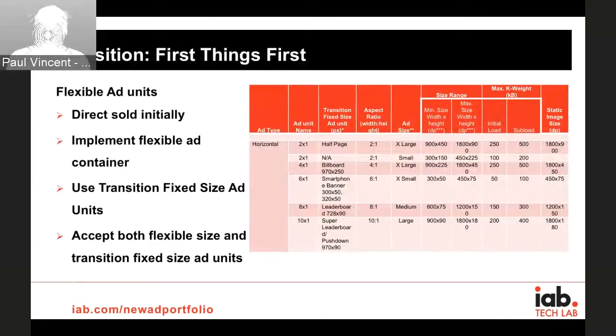We can use that same approach as you introduce the flexible ad units. So for example, if you're transitioning a 970 by 250 to the new flexible 8 by 1, you could have both of those, or basically the 970 by 250 backfilling that 8 by 1 placement.